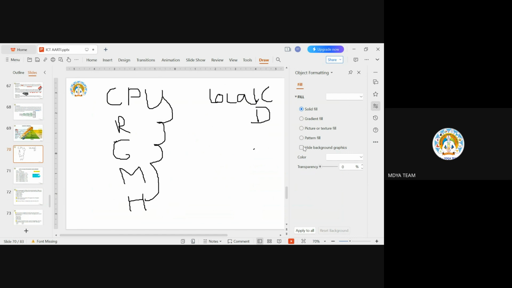This will not present. 1 second. Are you able to see my screen? Yes, ma'am. This is a local C drive, local disk D drive. No, that screen we are not seeing, ma'am. What you have drawn, that I am able to see. Oh, I have to show my whole screen.